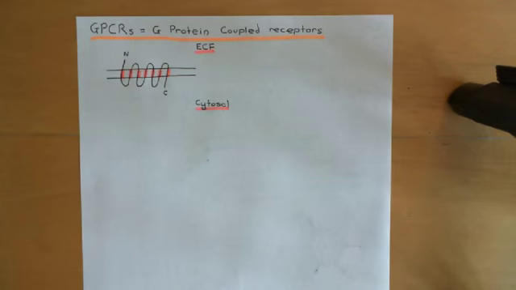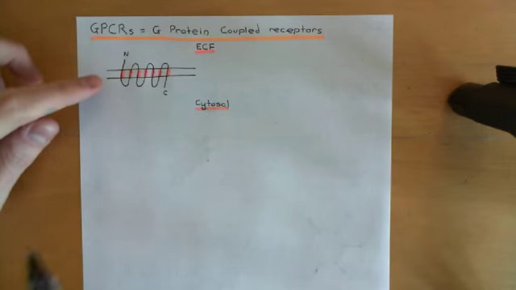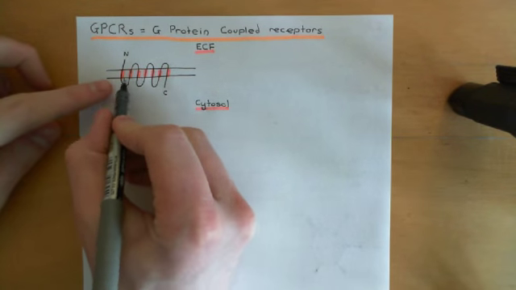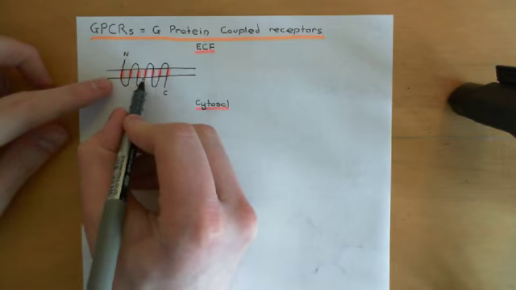Right. So when a ligand binds to a G protein coupled receptor, and there are a huge number of different G protein coupled receptors which all have different ligands which can bind to them and activate them, the general principle that unites all of them is that when their respective ligands bind to them, it causes a conformational change in the G protein coupled receptor that is particularly prominent in the intracellular portions.